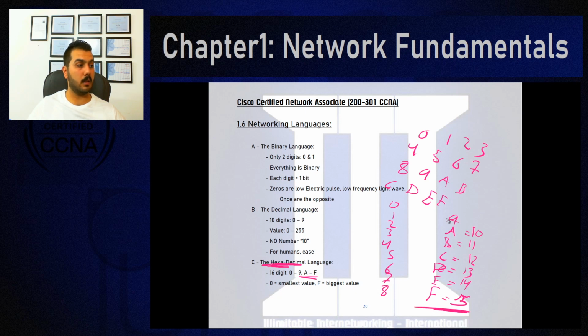This is the language that has 16 digits, and we will see in the upcoming technologies where we use this language.